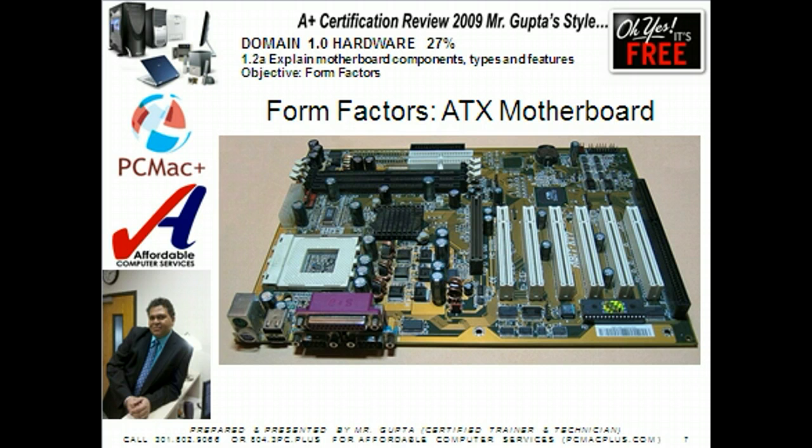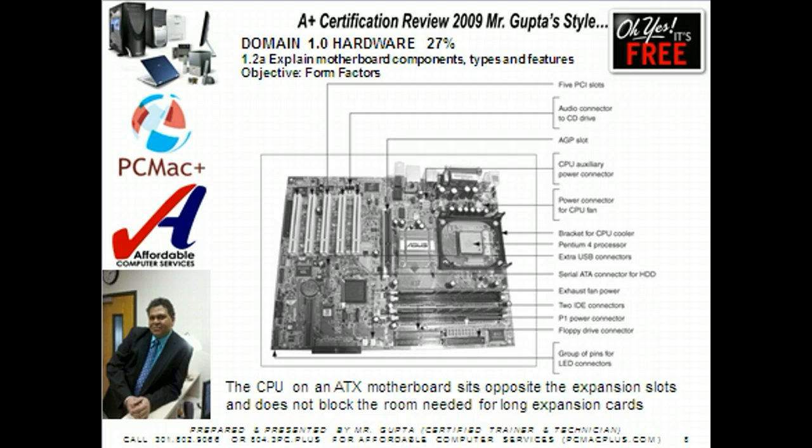With the improvements it offered, including lower cost, ATX overtook AT completely as the default form factor for new systems within a few years. An ATX motherboard measured up to 12 inches by 9.6 inches.